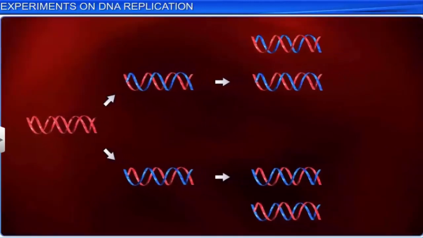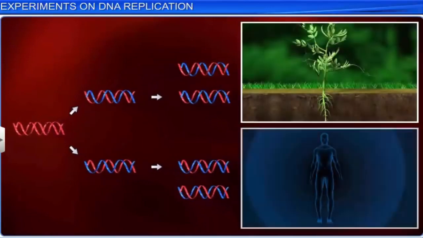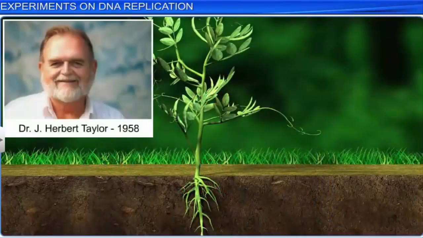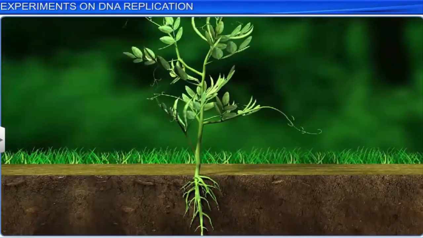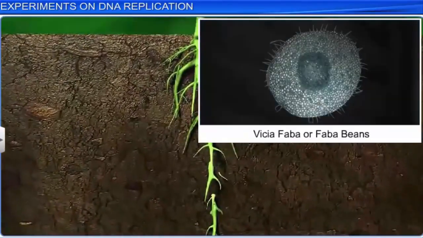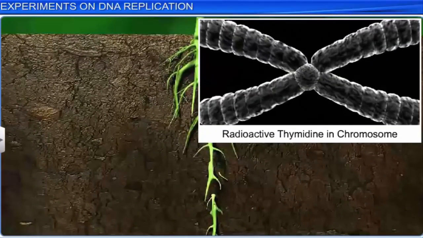Similar experiments were further conducted in higher organisms such as plants and human cells to prove the same. One such experiment was conducted by Dr. J. Herbert Taylor and his colleagues in 1958 in root tip cells of Vicia faba or faba beans, using radioactive thymidine to determine the distribution of newly synthesized DNA in chromosomes.